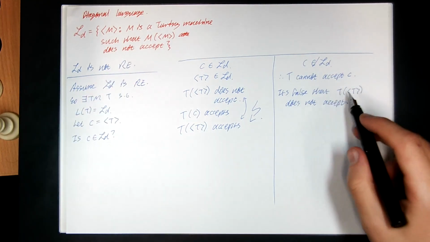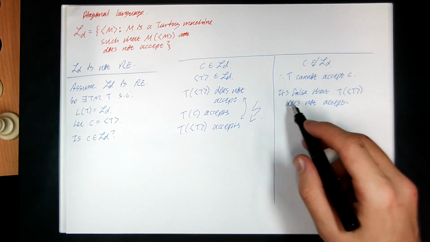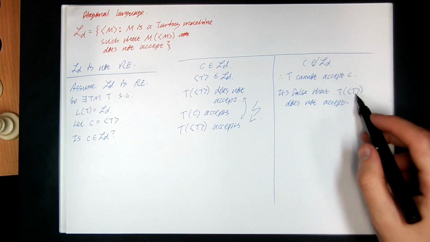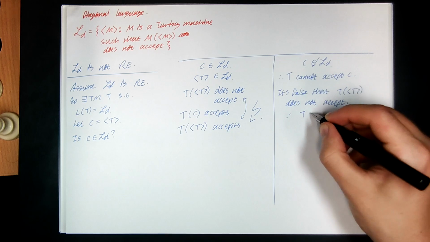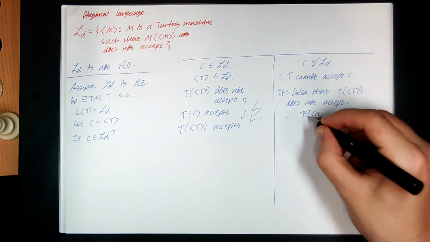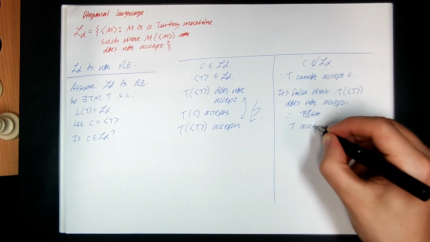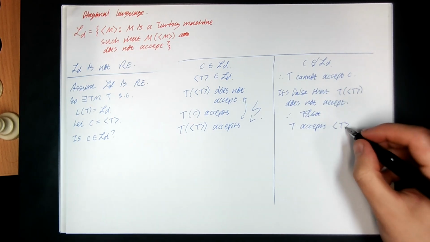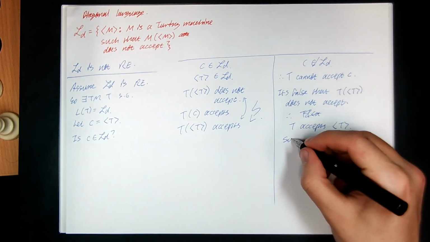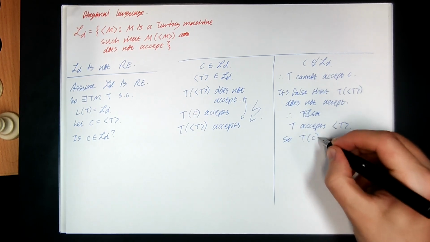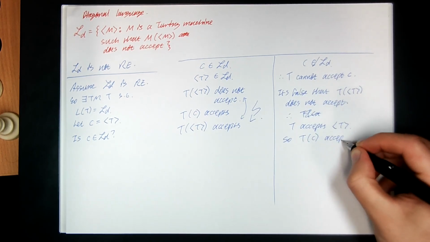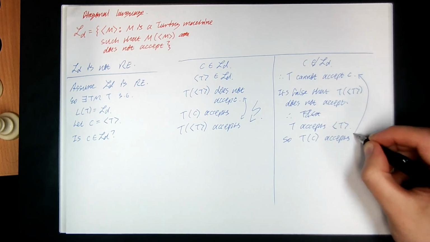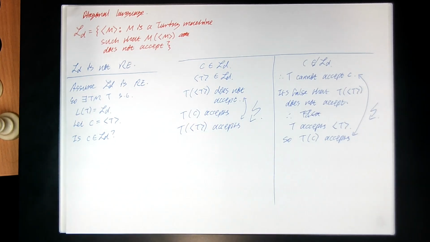If it's false to say T does not accept the encoding of T, therefore T accepts the encoding of T as input. But the encoding of T is equal to C, so T on C accepts. These two facts contradict each other.